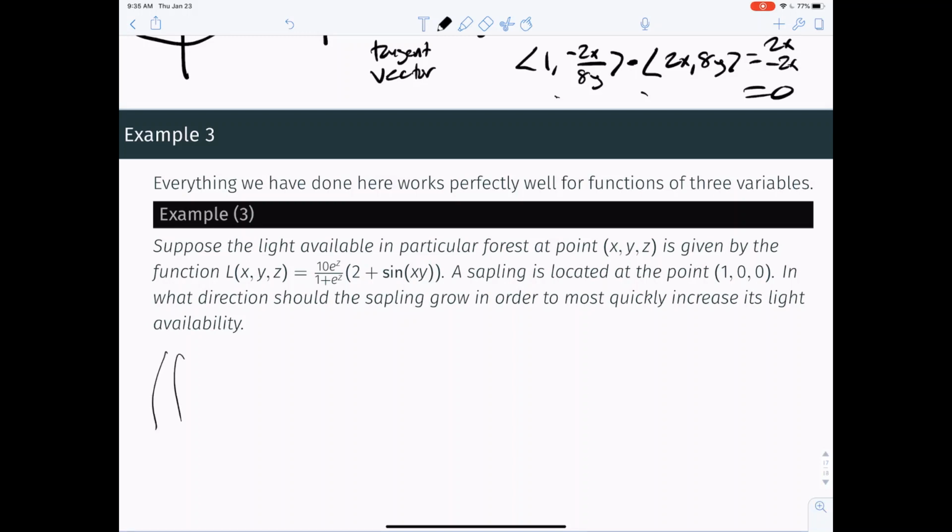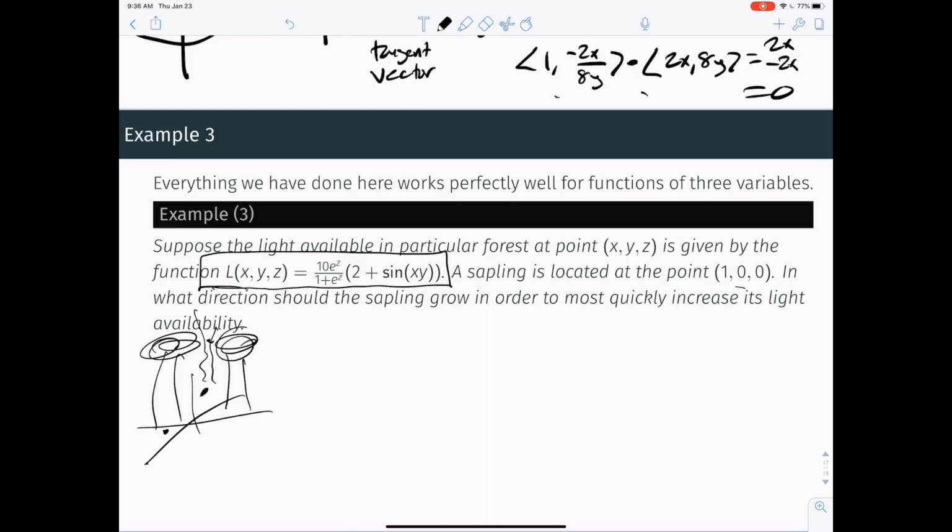So you've got some forest here, and no matter where you are in that forest, there's a certain amount of light that gets to that point, and you could quantify how much light that is using some light measurement device. If you're under the tree, it's darker, there's less light there, and there's probably more light there. So let's pretend that the amount of light available is given by this function right here, 10e to the z over 1 plus e to the z, times 2 plus the sine of xy.